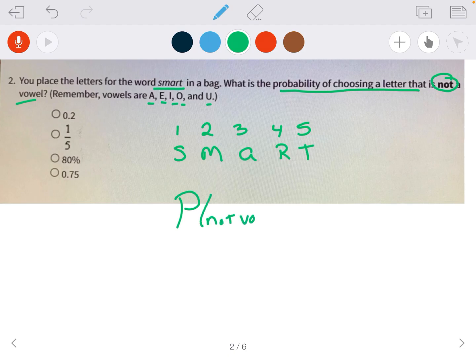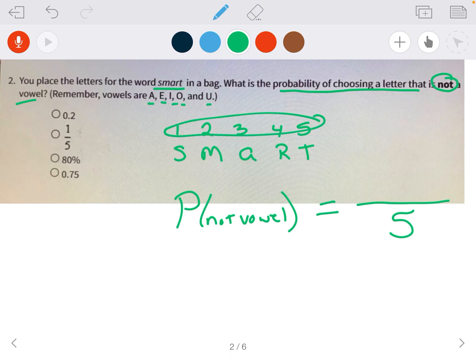So the probability of not getting a vowel is going to be something over 5 because I have 5 letters, okay? The possible outcomes total is always your denominator.